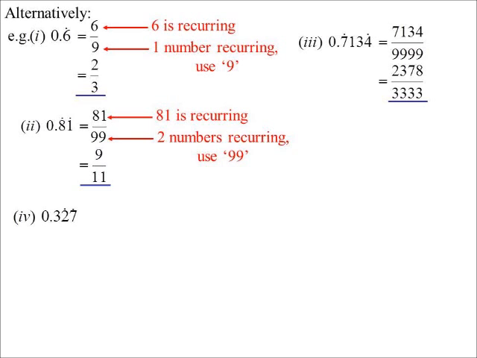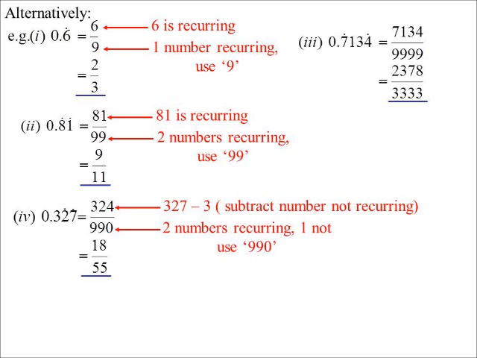What about the number where it's not all repeating? Watch this carefully. The top of the fraction was 324. How do I get 324? The numbers after the decimal place are 327. But the 3 is not repeating, so I subtract it. So 327 minus 3. I get 324 on top.